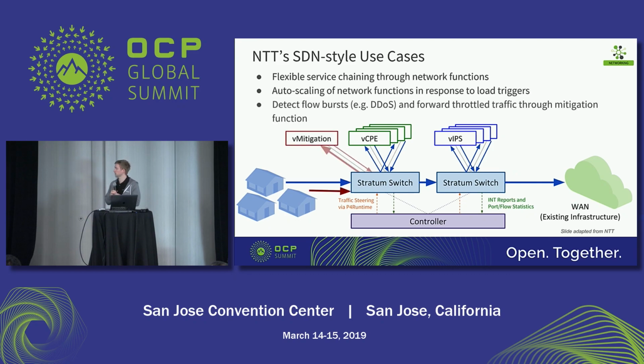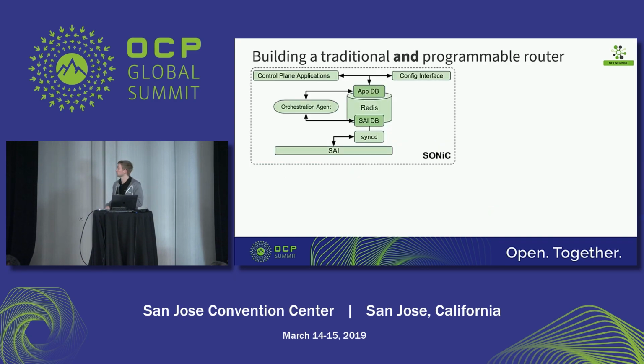The other thing that is part of this use case is to be able to detect things like DDoS or flow bursts, and throttle and mitigate them either using functions or using queuing in the devices. And again, we're detecting that through telemetry, and then we're using traffic steering via P4Runtime.